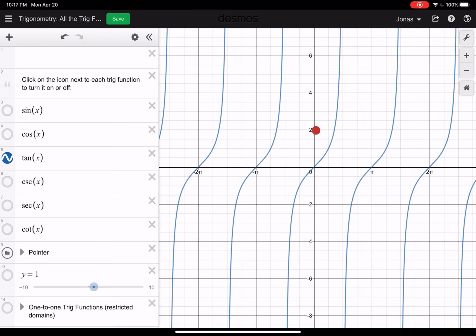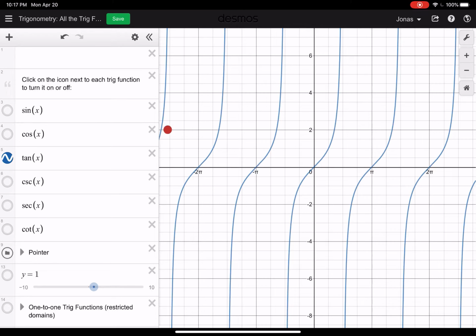And in fact, if you trace in this direction, there's another angle between negative pi over 2 and negative pi over 4 that also has a tangent of 2. So when you ask what angle gives a tangent of 2, the answer is there's lots of different ones. There's one here and here and here, and they go on and on.